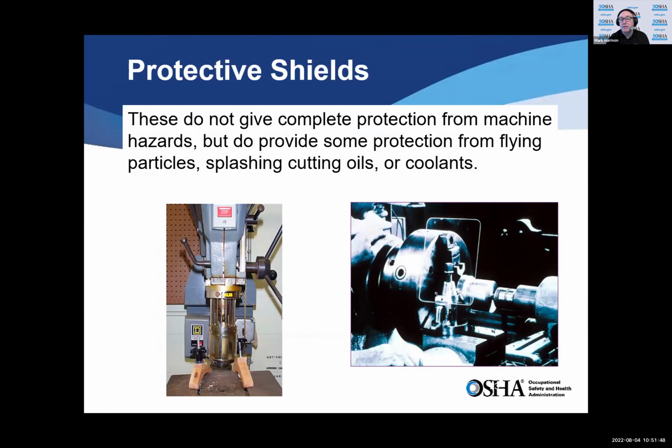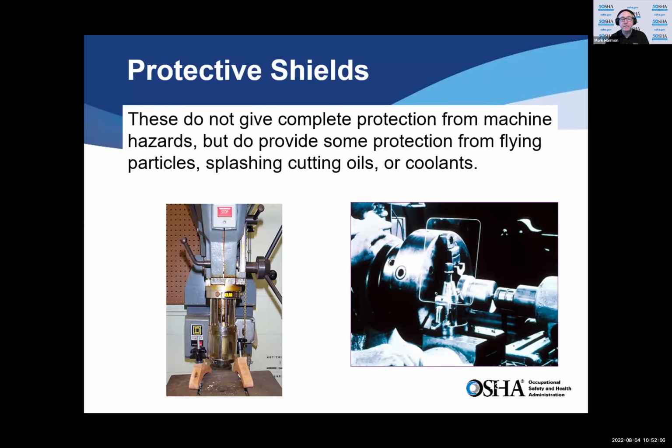Protective shields, again, these are things that machine guarding would include. These do not give complete protection from the machine hazards, but do provide some protection from flying particles, splashing, cutting oils, or coolant.